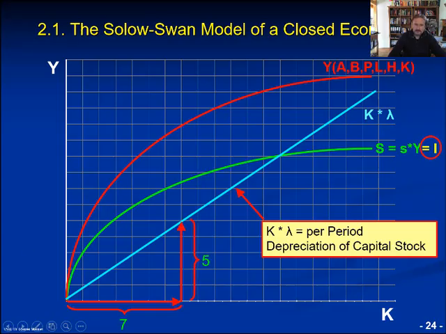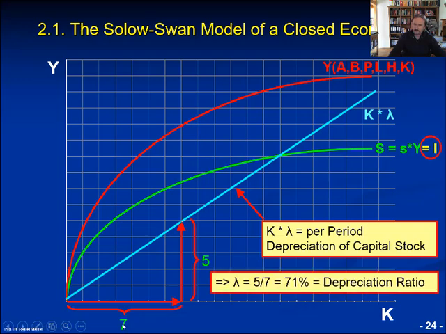As a result, the depreciation ratio lambda equals exactly 5/7, which is roughly 71%. So this curve here implies a lambda equal to 71%. So this is certainly a very high depreciation ratio, not very realistic.